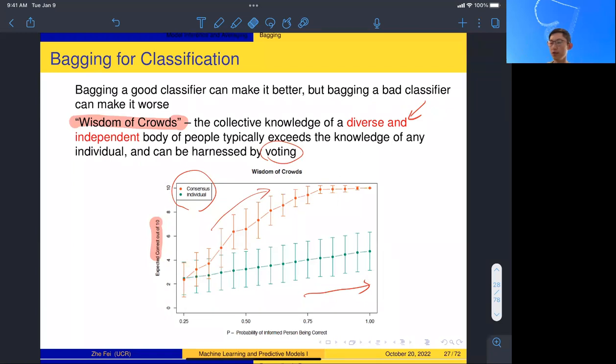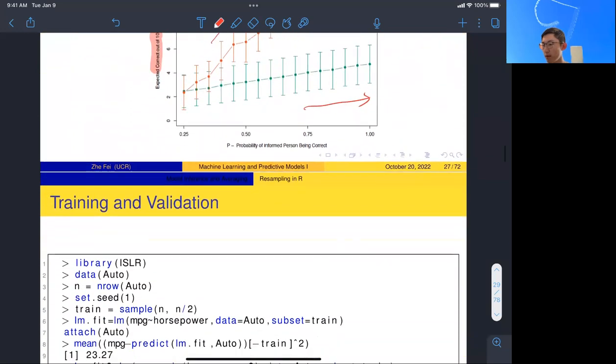And also the key here is, if you have 100 individuals, they should be independent, they should not be correlated. So that's the effect of bagging, also known as wisdom of the crowds.